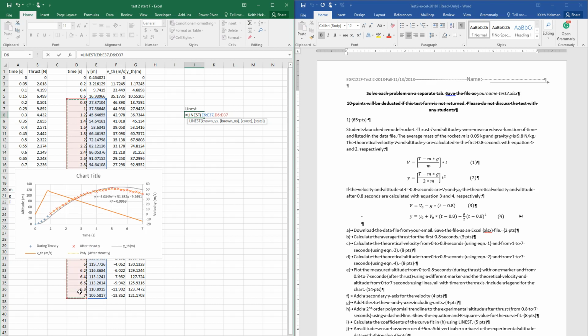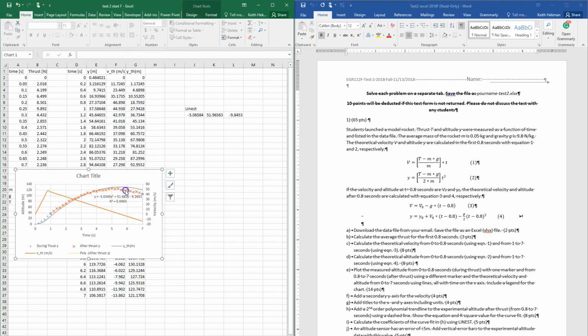And what we want to do is power of 1, 2 to get the second order curve fit. And then Control-Shift-Enter. That gives us your parameter here. What I should have done is all of these together, Control-Shift-Enter. So that gives you your three parameters here, are these three parameters here.